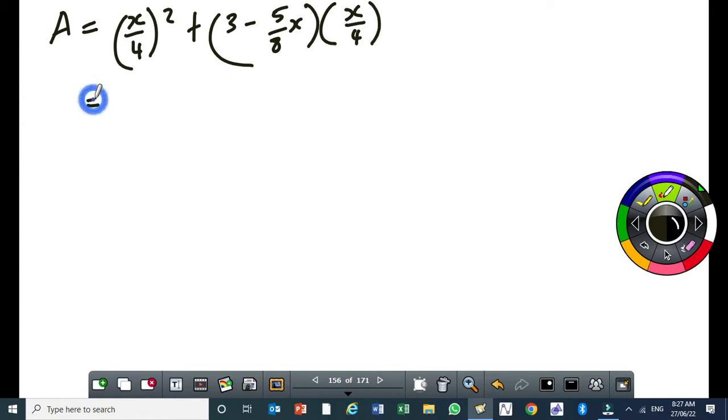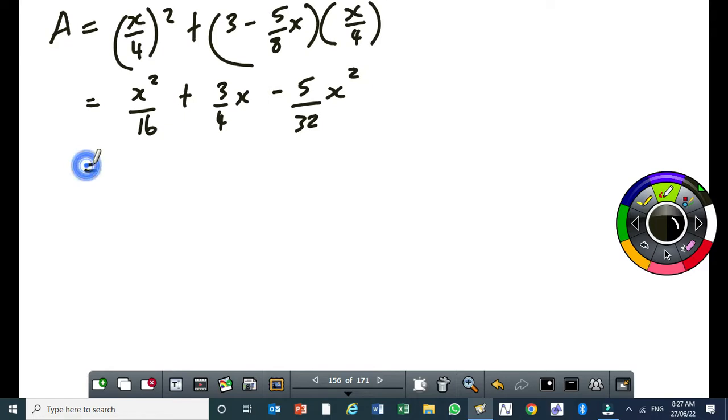So we simplify this, we get x squared over 16 plus, if I multiply that, 3 over 4x minus 5 over 32x squared. Then, what's the LCD? Well, we can find the derivative from here. Okay, let's find the derivative. So this is A. Are you following that?